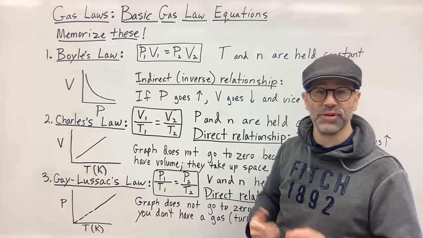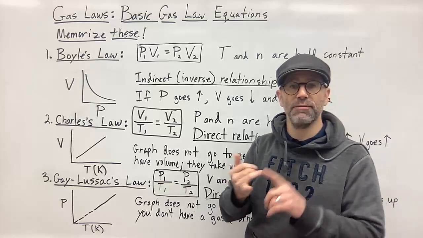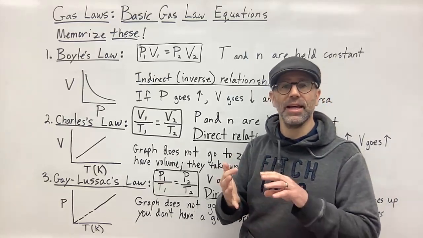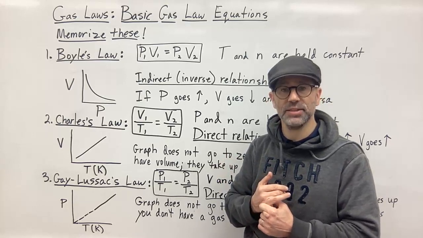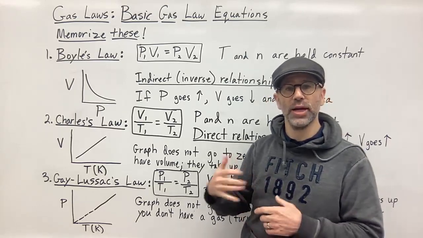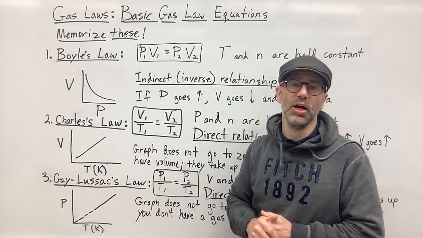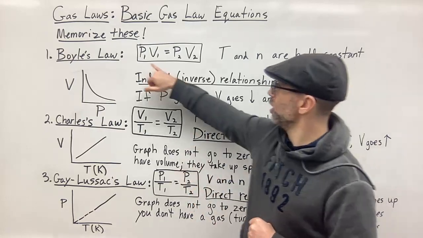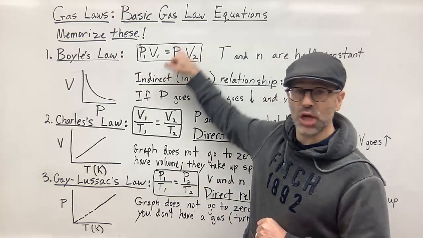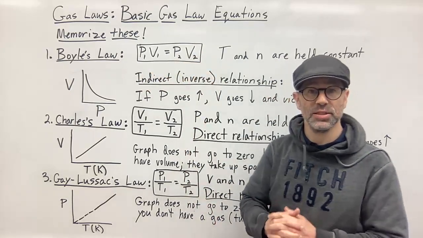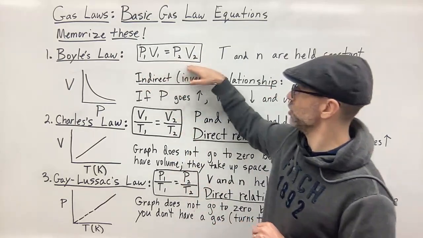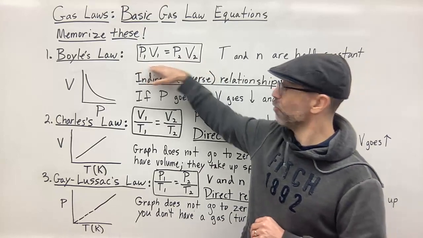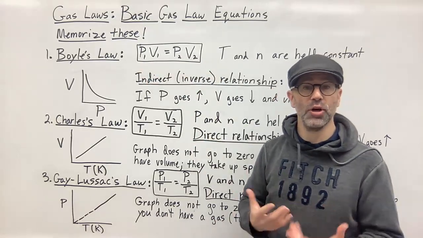So for example, if I give you the initial pressure and the initial volume, and then I say here's the final pressure, and I ask what's the final volume, you can plug those in and solve for the missing piece. This is the equation you would use for Boyle's law to solve a problem.